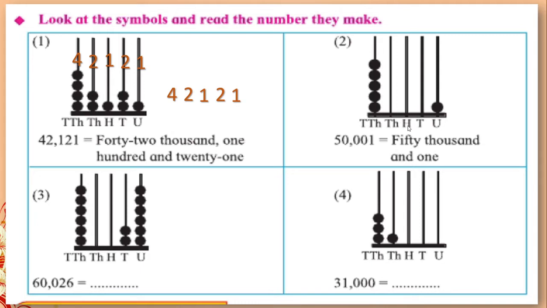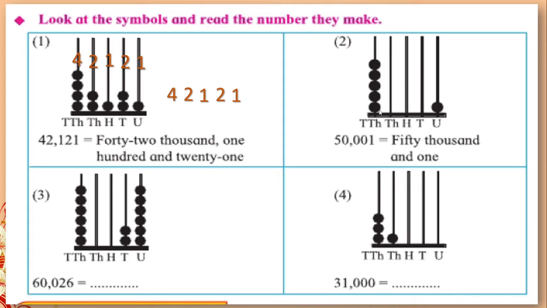See dear children, here again we see unit, tens, hundreds, thousands and 10,000s place and different beads. In the unit place we can see 1 bead, and in the tens, hundreds and thousands places there are no beads at all, right? And in the 10,000s place there are 5 beads.